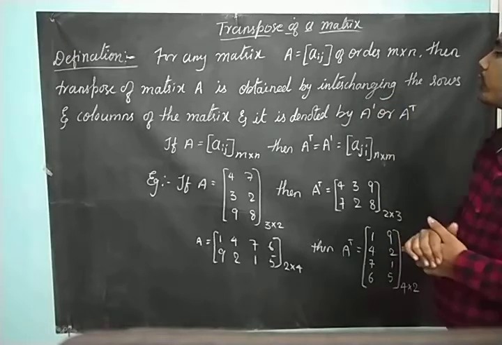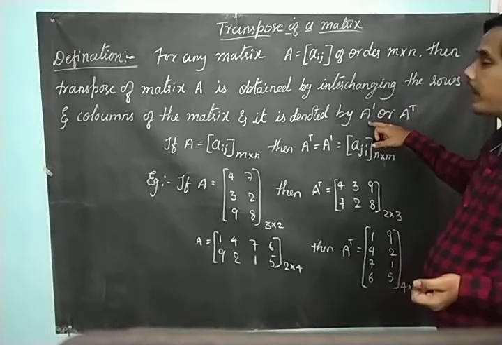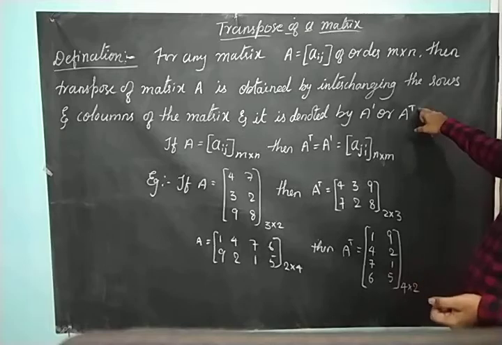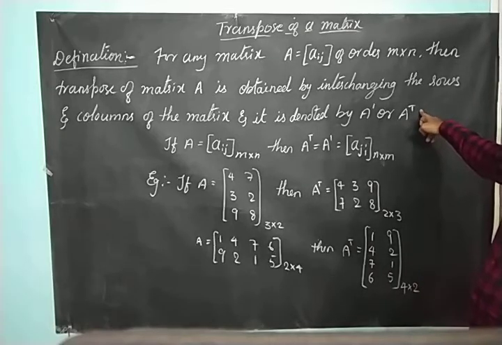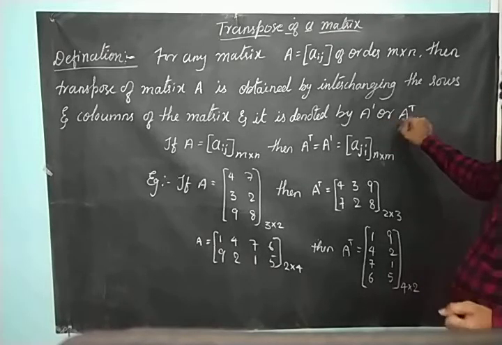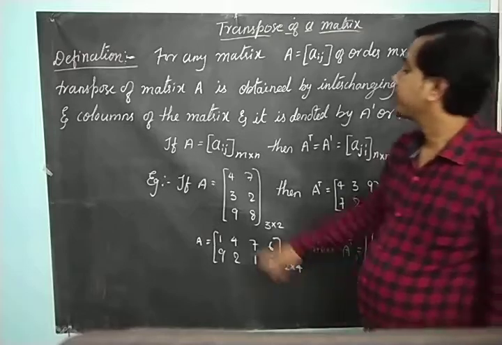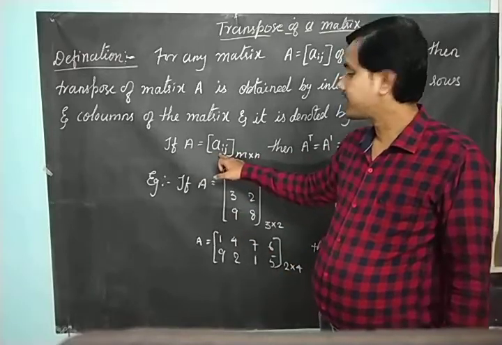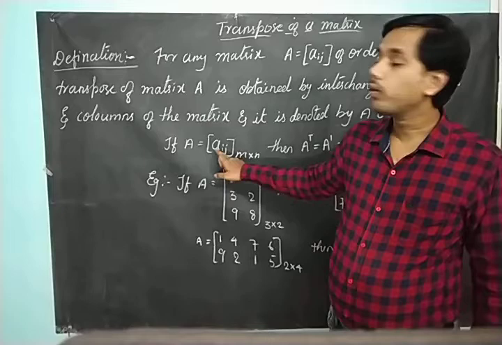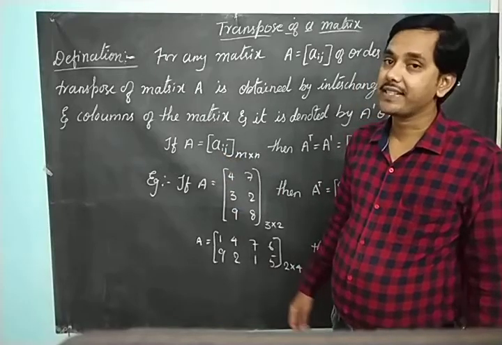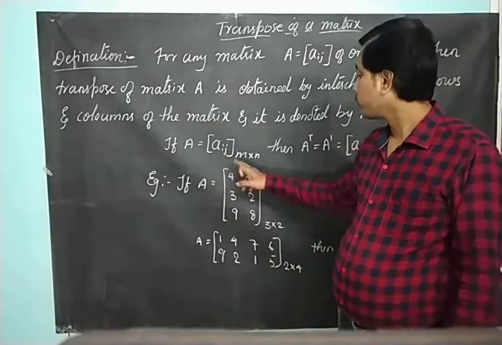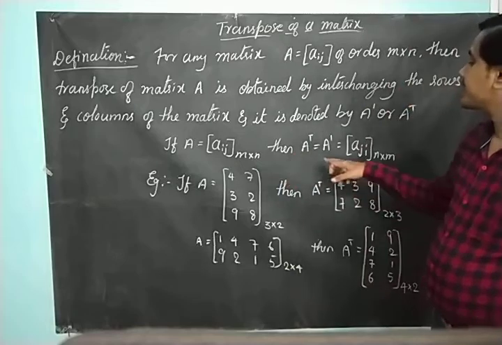It is obtained by interchanging the rows and columns of the matrix, and it is denoted by A dash or A transpose, with T as the power. Suppose A is equal to Aij, where i represents the row and j represents the column, of order m cross n. Then what will be A transpose?